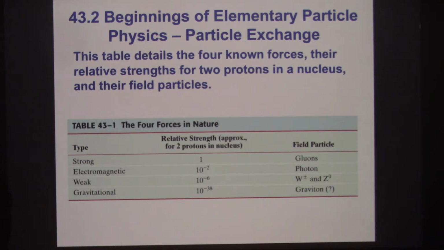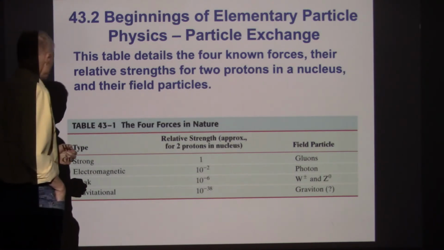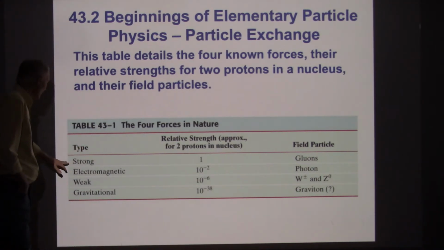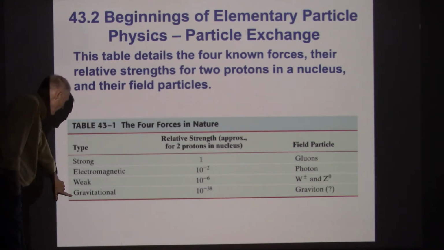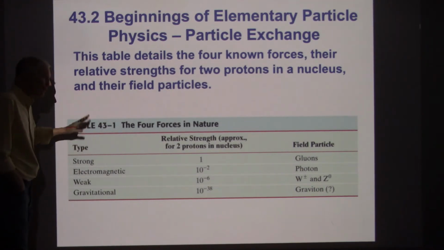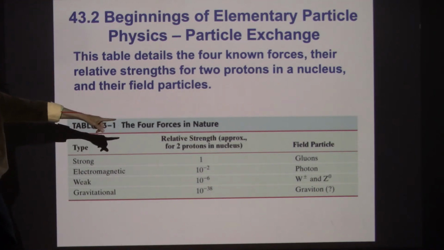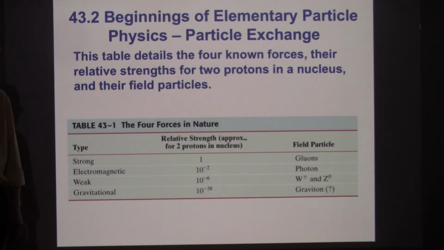Okay, this is just a list of the particles that we work with in nature. Now, gravitation is the one where we don't have a model of gravity in terms of gravitons, at least not one that's mathematically consistent.